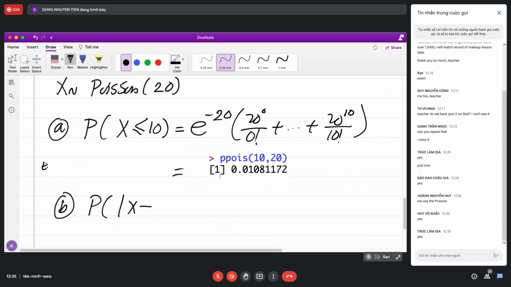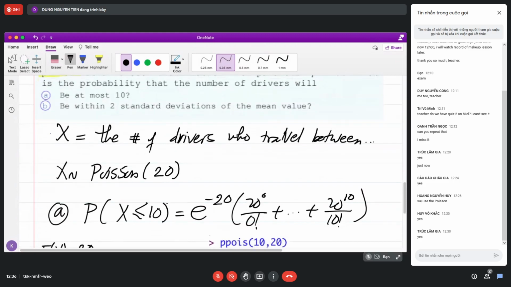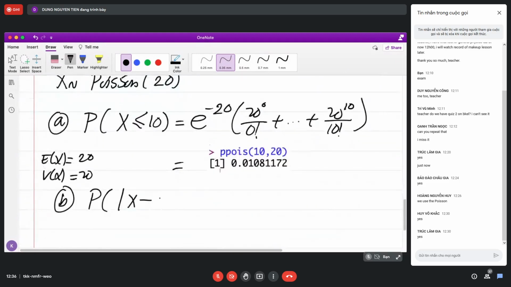The mean of x is lambda, which is 20, and the variance of x is also lambda, which is 20. So you want to find the probability that x is within 2 times the standard deviations of the mean value. So x minus the mean should be less than 2 times the standard deviation, square root of 20. Understand? You want to find this probability.